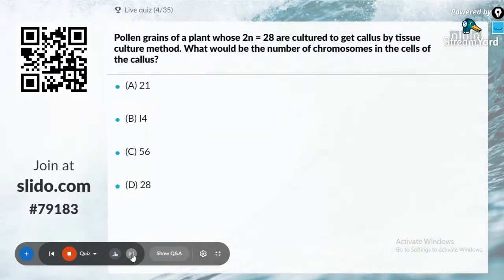Fourth one on the screen. A numerical question. Pollen grains of a plant whose diploid condition, that is 2n, is equal to 28, are cultured to get callus by the tissue culture method. What would be the number of chromosomes in the cells of the callus?